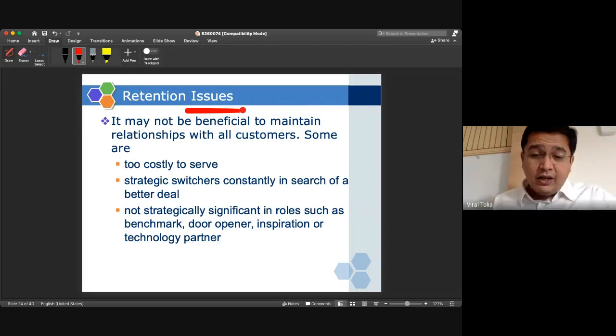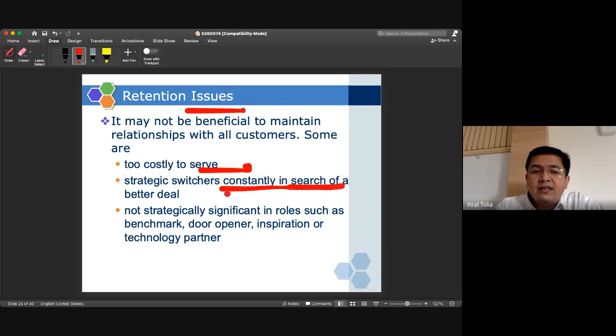And in order to segregate this quality aspect, you need to understand that every time it is not possible to take care of all those customers at a given point of time. Too costly to serve. If you waste your time in taking care of everyone, basically you are losing a lot of things. Strategic switchers are constantly in search of a better deal.